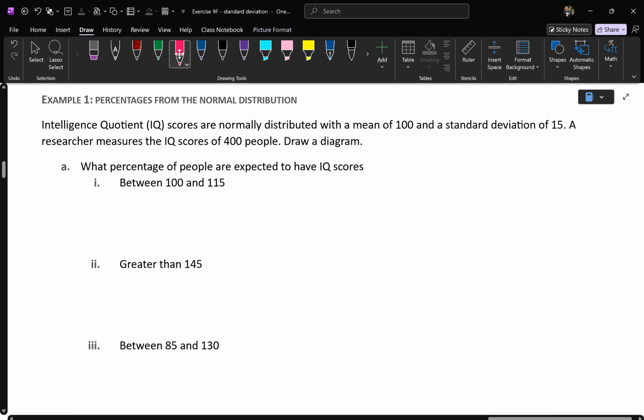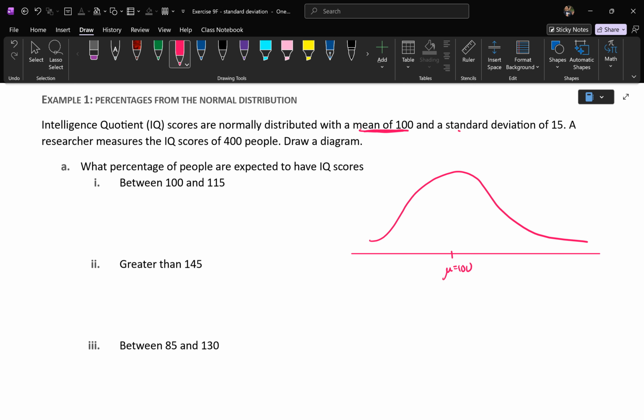Here we go. 3, 2, 1. Let's draw this bell curve. Mean is 100. It says mean is 100. Standard deviation of 15. So we did it before. It was 85 to 115. 2 standard deviations now become 70 to 130. 3 standard deviations now become 55 to 145.